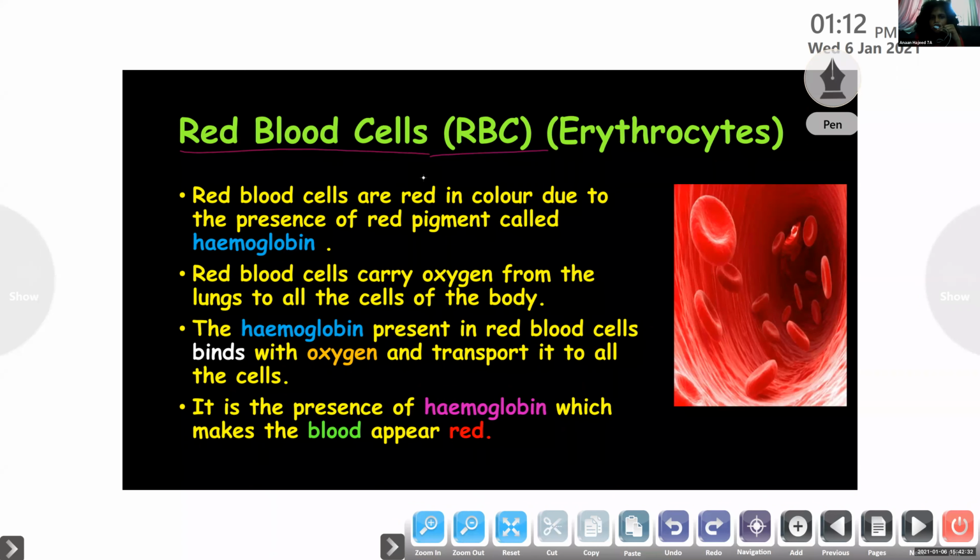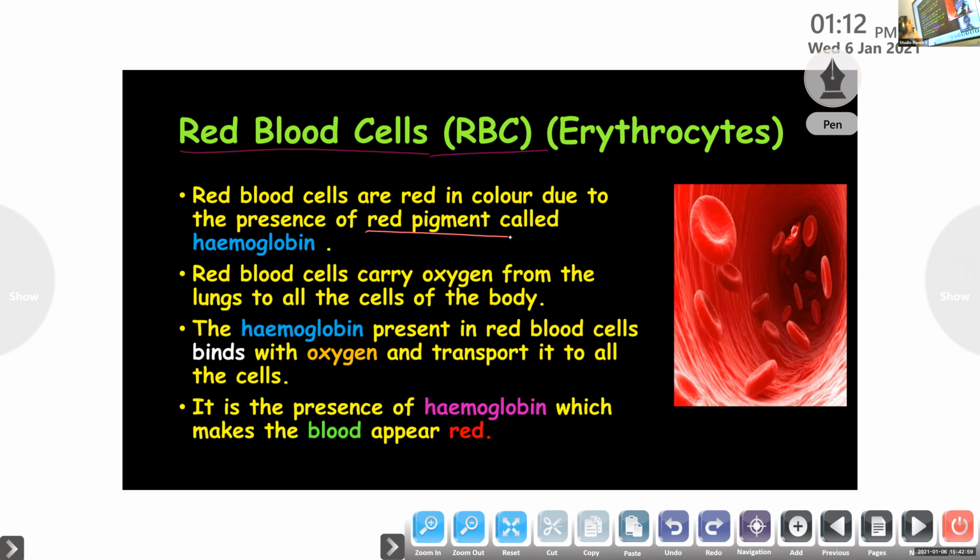Hemoglobin is a red pigment which gives the red color to the blood. Okay, very good. It is a red pigment present in the blood, especially in the RBC, red blood cells. Hemoglobin is the red pigment present in the RBC, which gives the RBC that red color. Okay, I hope it is clear.